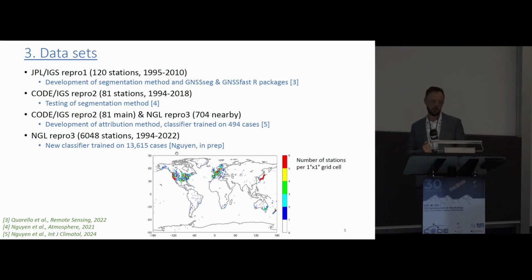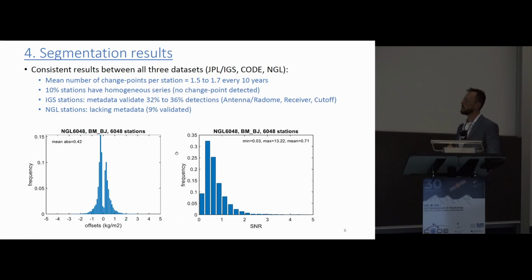More recently, we used NGL Repro 3, which has about 20,000 stations worldwide, and we analyzed 6,000 stations which have more than 10 years of data. This allowed us to train the classifier with more than 30,000 cases. The map shows the density of the stations in this data set.